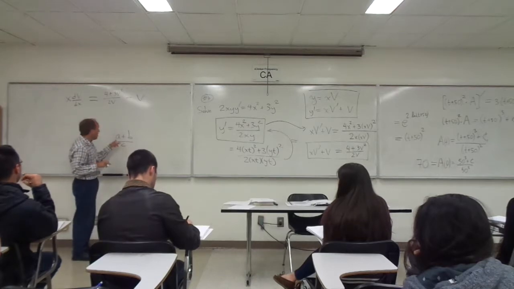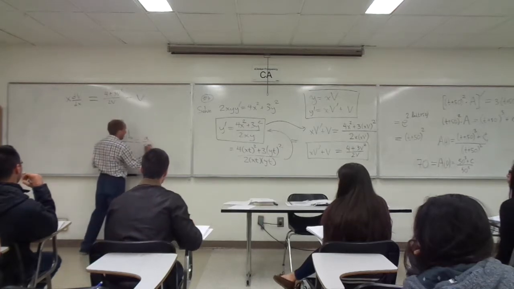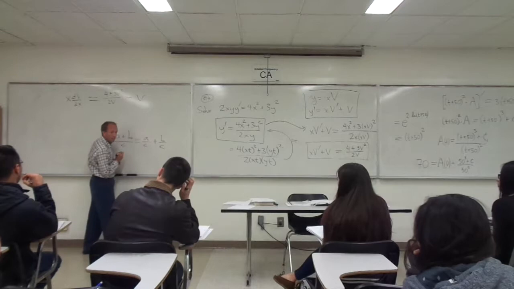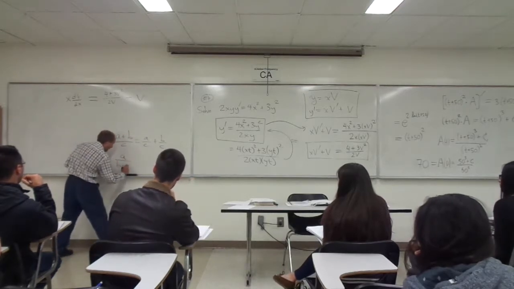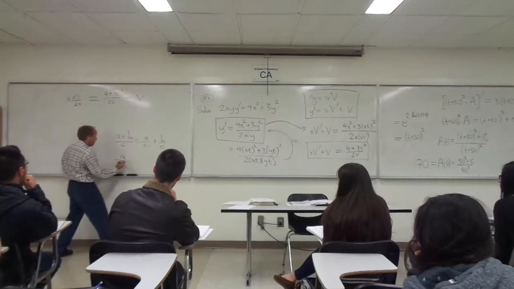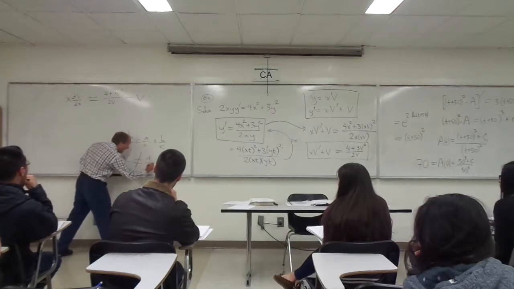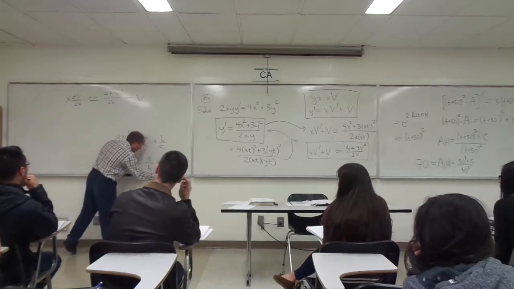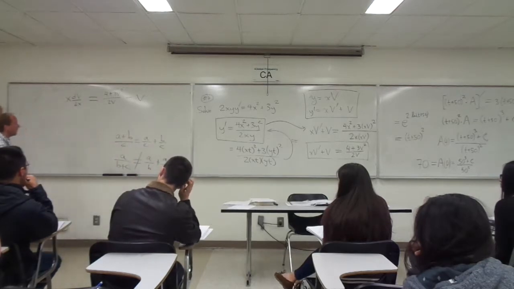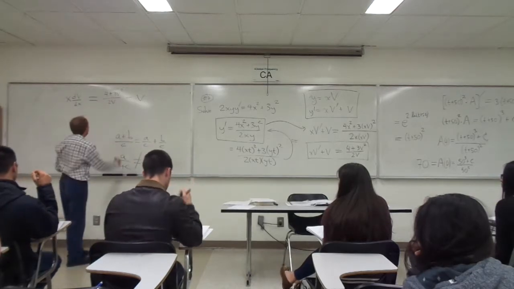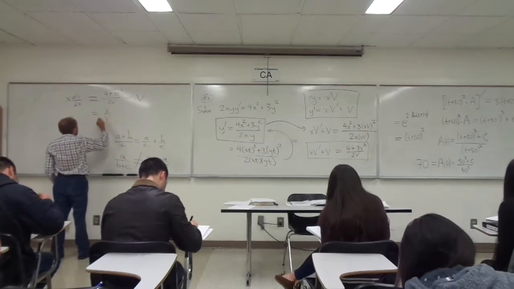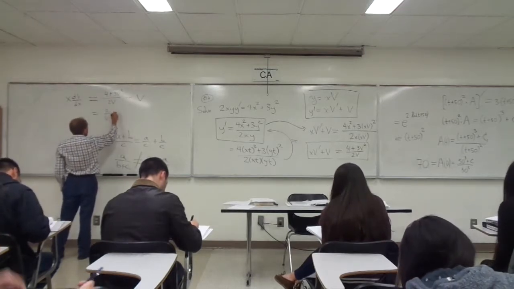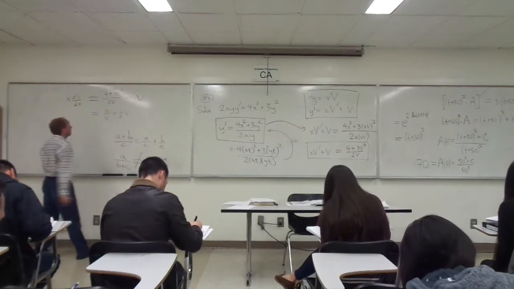If you have a fraction like that, it's perfectly good to split it apart, right? But what you don't want to do is try and play that game with the denominator. This cannot be pulled apart. But here I can. So 4 over 2v is 2 over v. 3 halves v minus v is 1 half v.